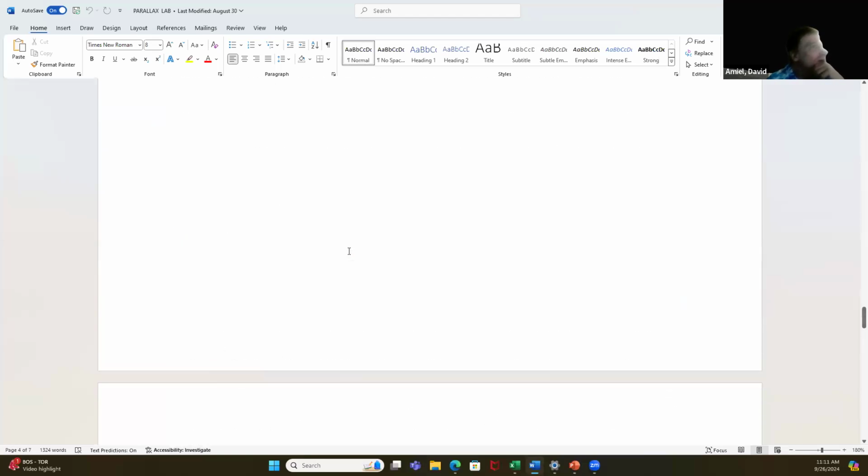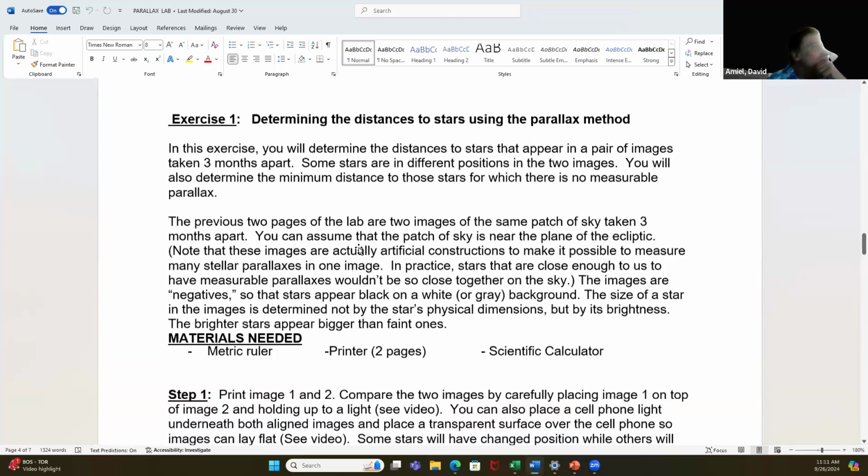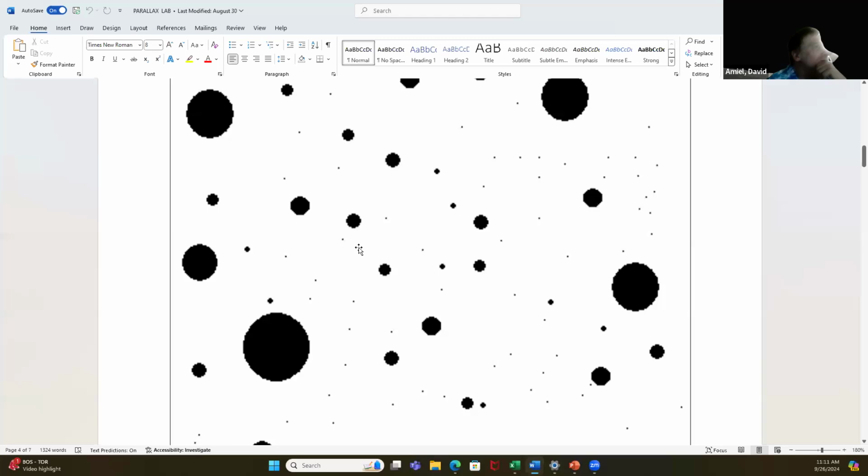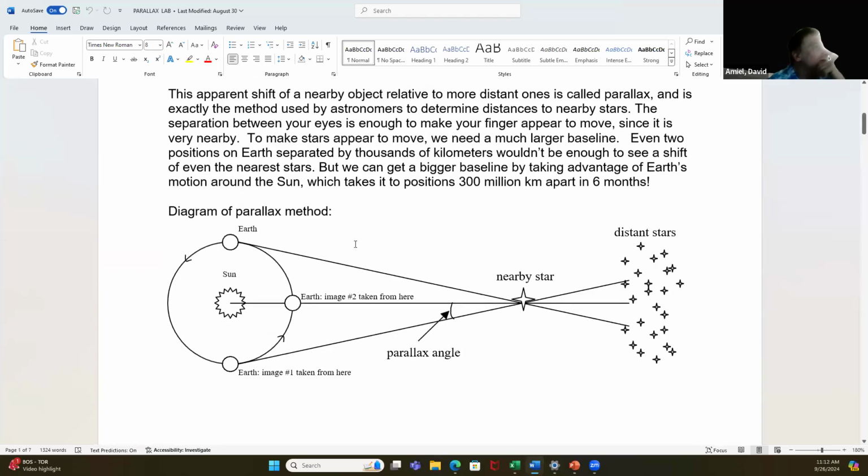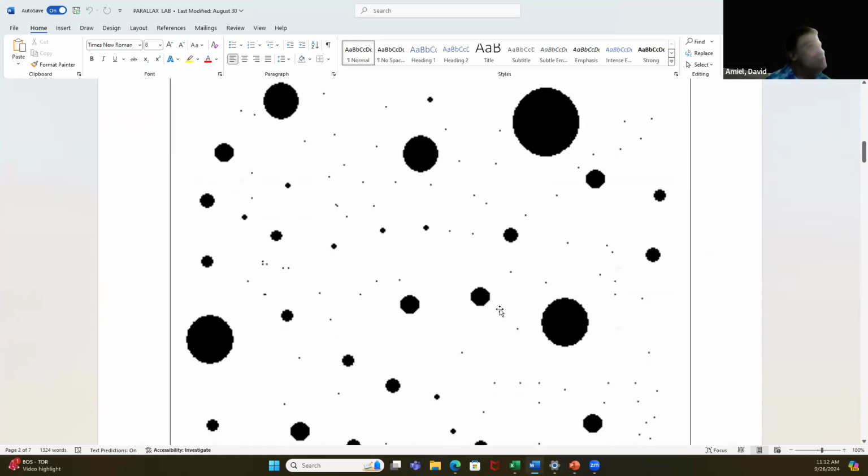So you have to go back to this first image right here and say, here's image 2. What if you were 3 months after image 2, which would put you right there? What now, how would the images change?